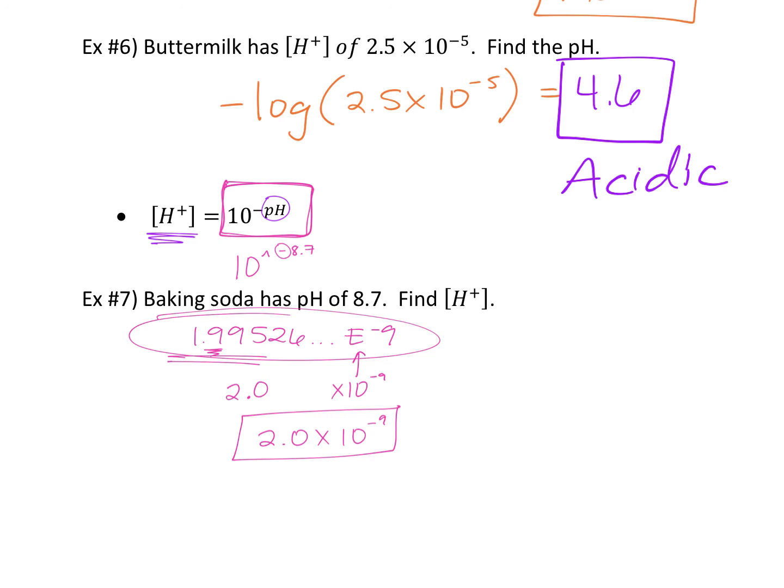Any questions on that? Not terrible, right? So just take your time when you're graphing. Don't use your calculator. Don't plug it in. I want to see that you can take something to a negative power, flip it over, right? And then these ones should go really quickly for you.